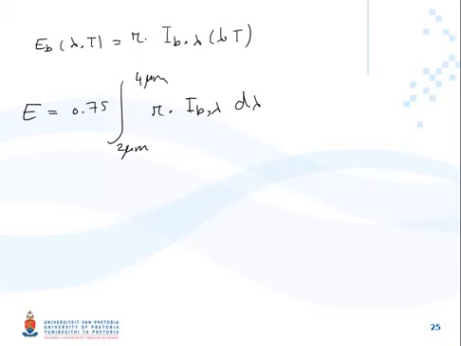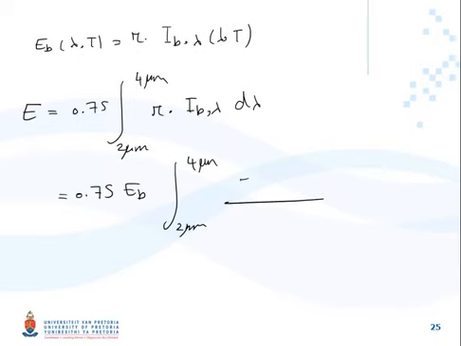Okay, so multiplying by E b lambda and T, it will be 0.75 E b for the black body, the whole integral from 2 to 4 micrometer of pi I b lambda divided by the integral of E b d lambda.